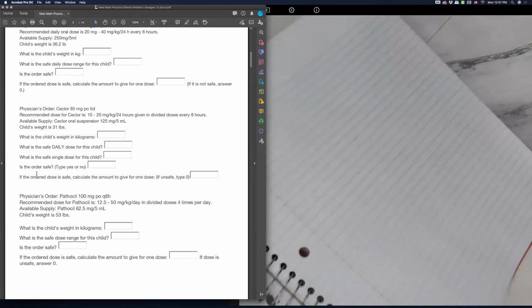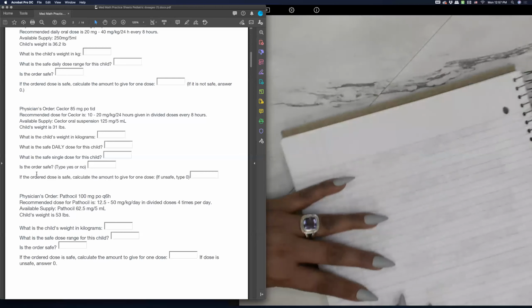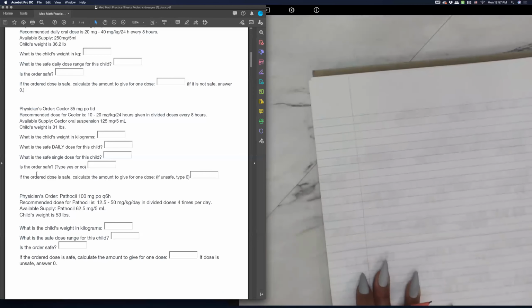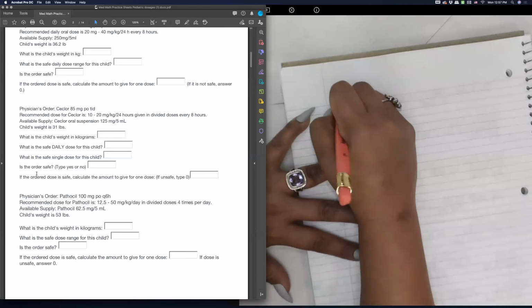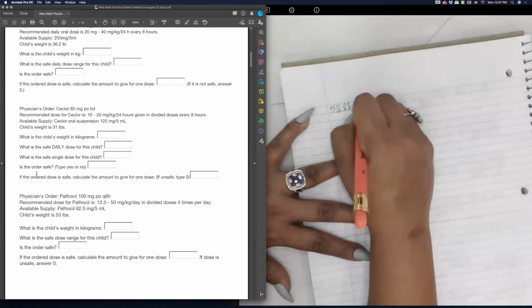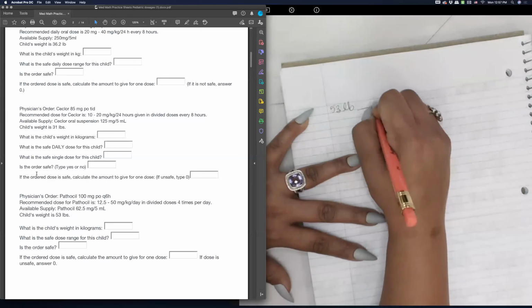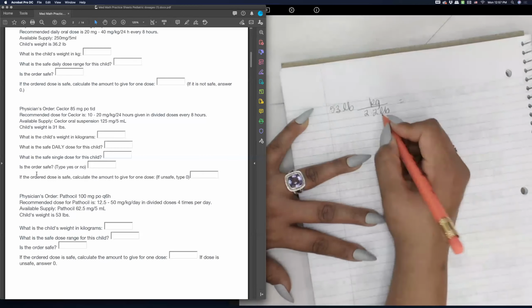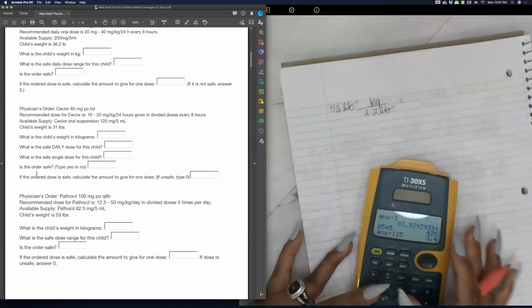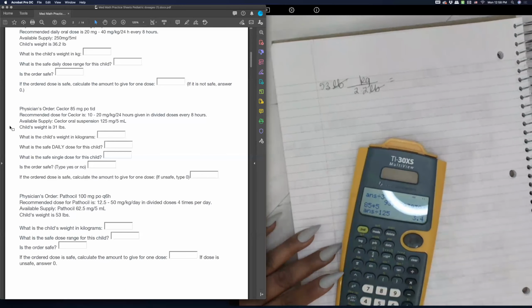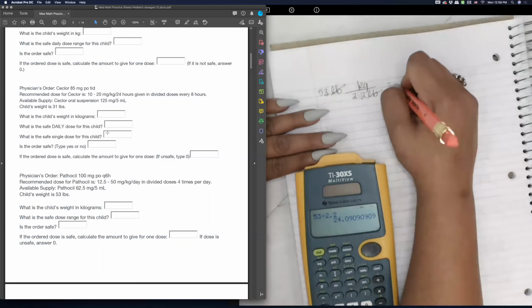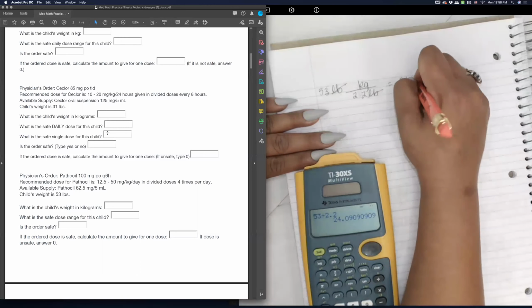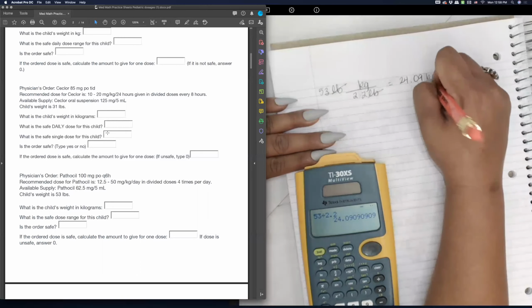Next is Pathocil, 100 milligrams PO Q6H. The child weighs 53 pounds. Okay, our units of pounds will cancel there. 53 divided by 2.2 is 24.09 kilograms.